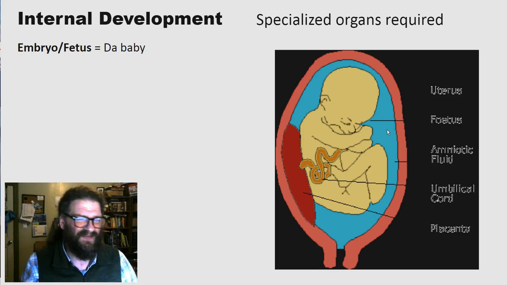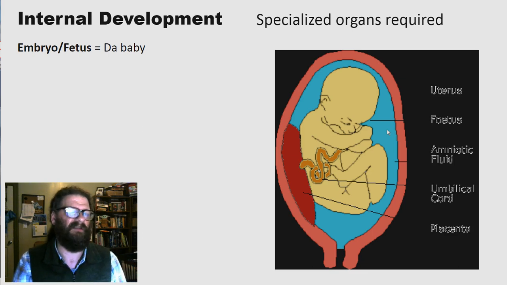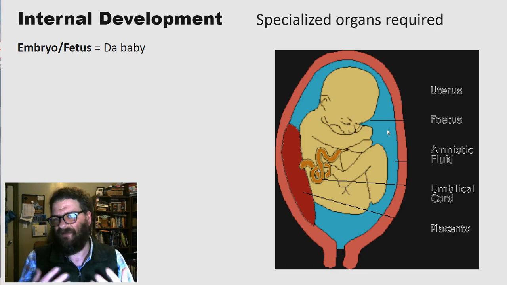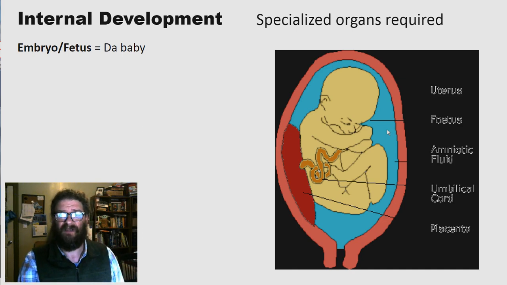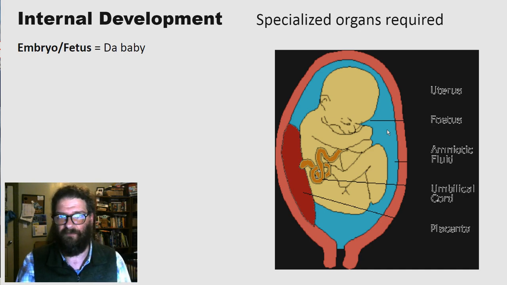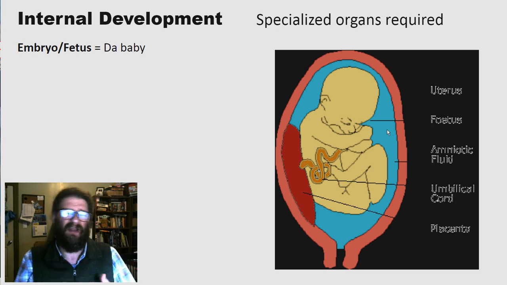We usually say the dividing line between embryo and fetus is when the fetus can live on its own to some degree, although that gets a little weird because we can have some miraculously surviving premature babies these days that are really underdeveloped, and they actually develop. So a fetus is kind of, we could just call it a late term embryo.